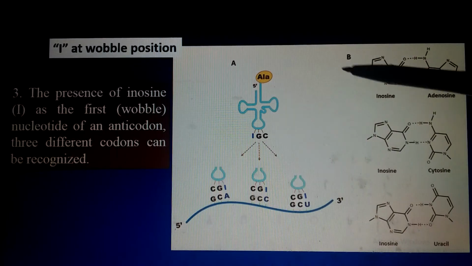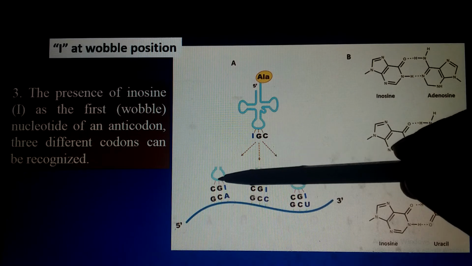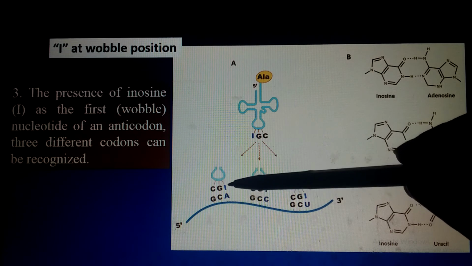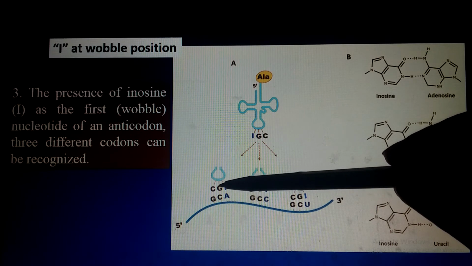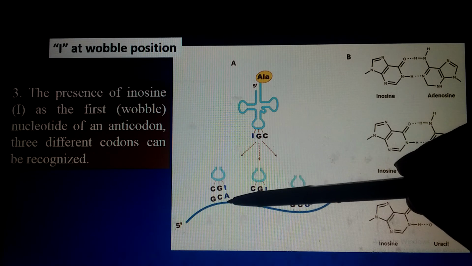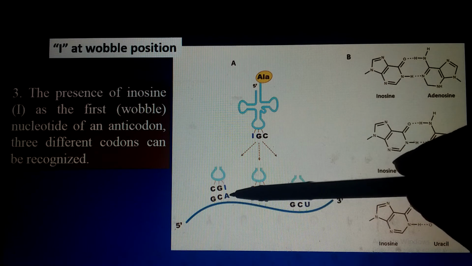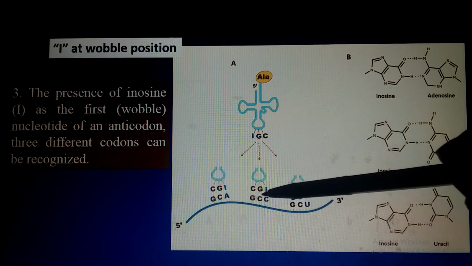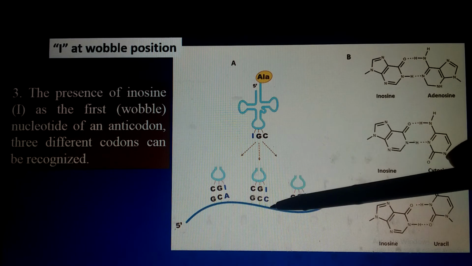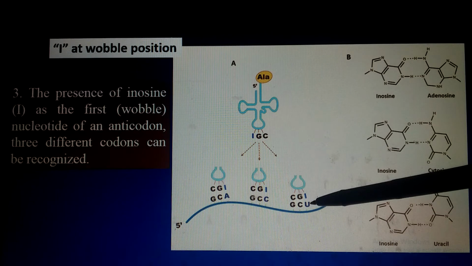You can see here the 3 codons: 1, 2, 3. If the inosine is present at position number 1 of the anticodon, meaning the Wobble position, it can recognize the 3 codons. Like you can see here, it can recognize the codon with A at the third position, the codon with C at the third position, Wobble position, and the codon with U at the Wobble position.